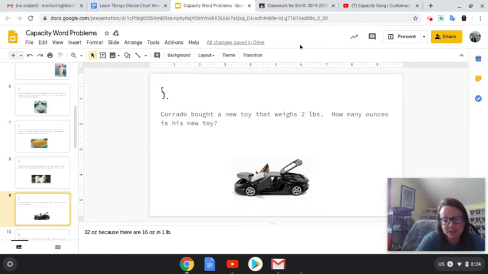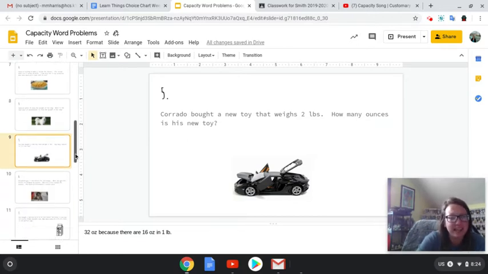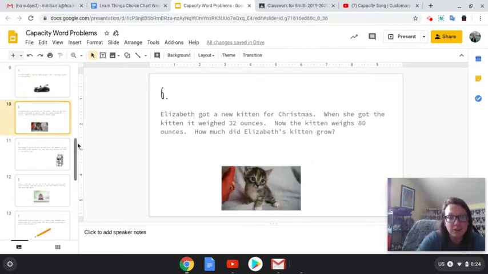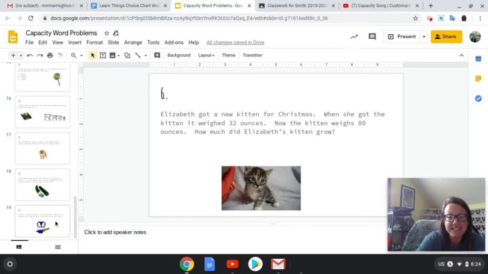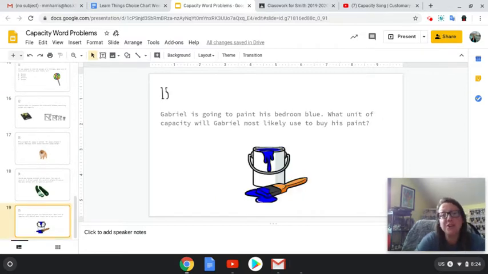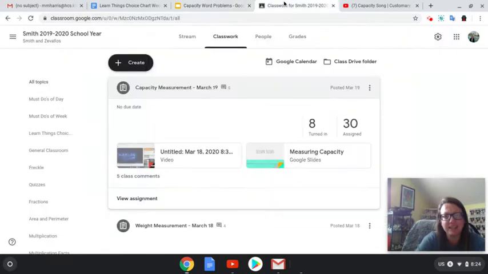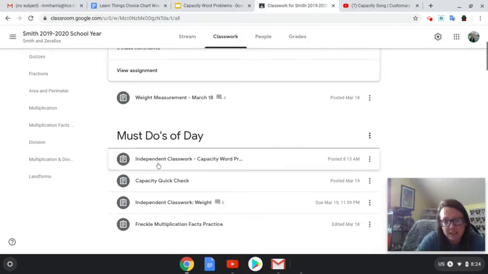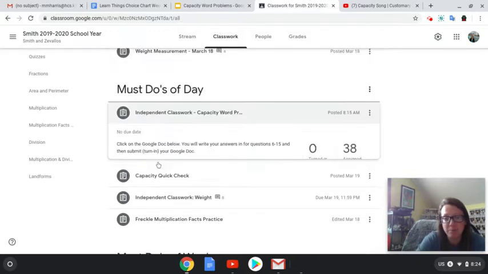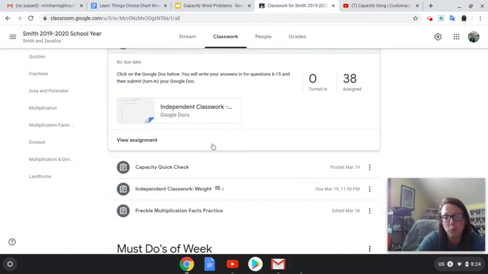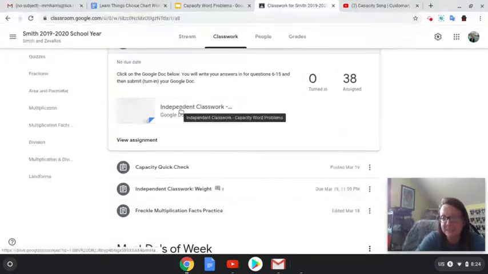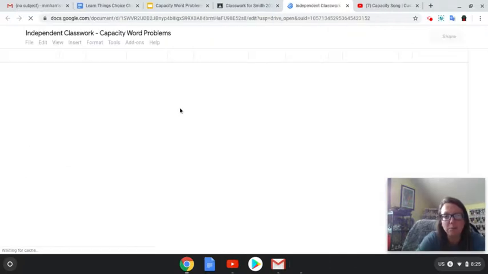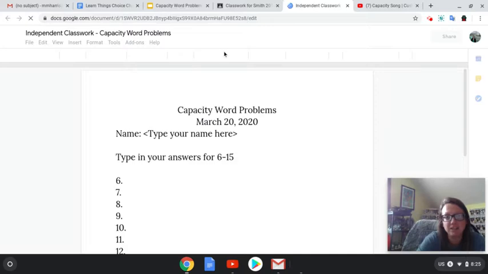Now, for your work today, you will see that there are numbers 6 through 15 that I want you to complete as your independent classwork for the day. When you go to our Google Classroom, you will see here independent classwork, and it says capacity word problems. What you are going to do is click on here, and when you click, it will come up to a page that looks just like this.